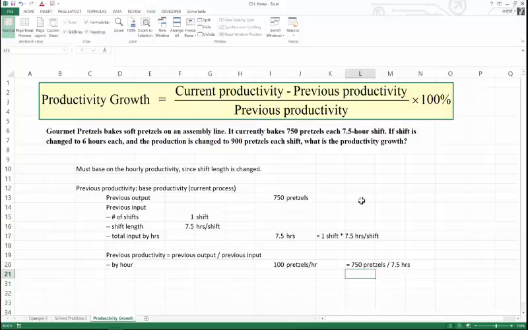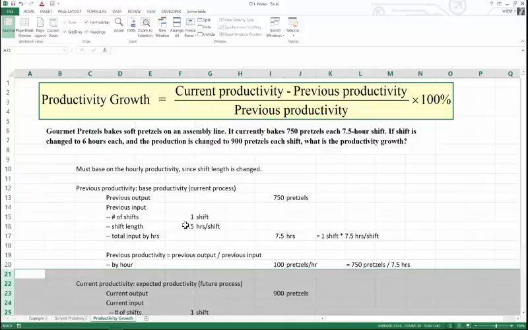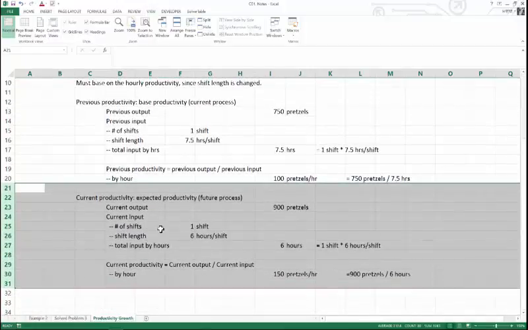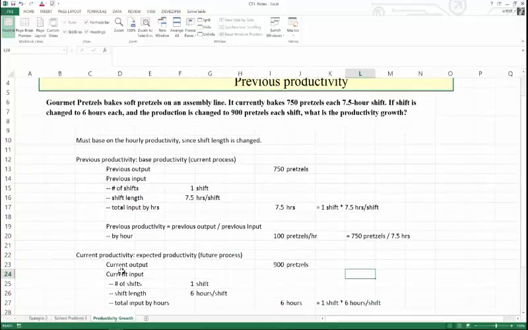We should do the similar calculation for the current productivity using the future process. Exactly the same logic. Let me show what the results should be. In the future process, the output, which represents the current productivity, is 900 pretzels. And the number of shifts is still 1 shift.